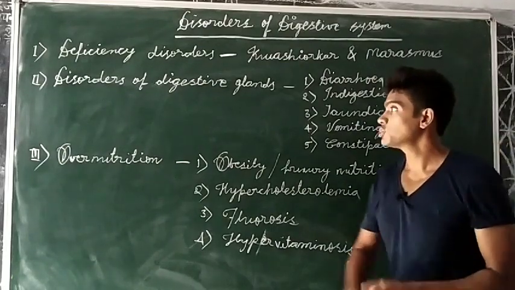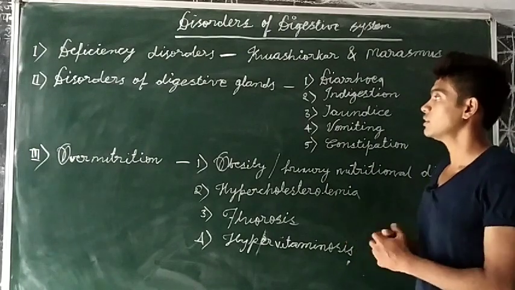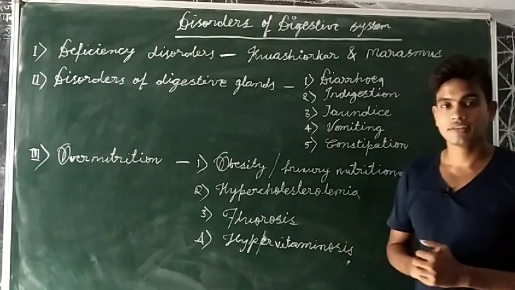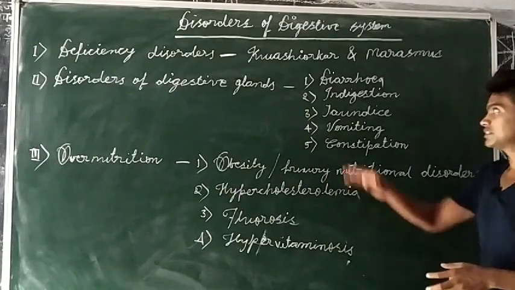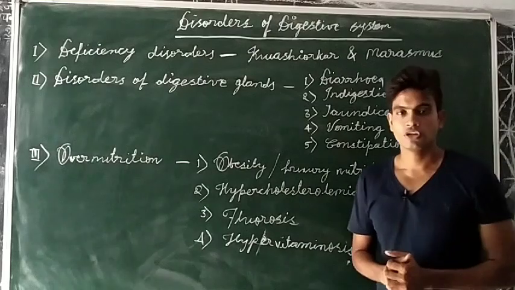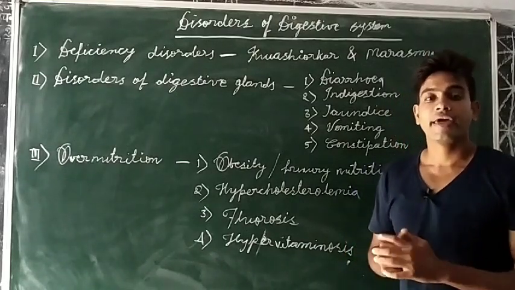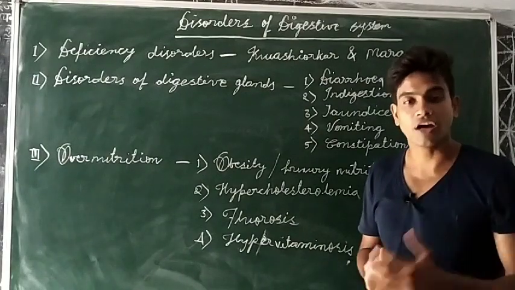Now let's talk about disorders of digestive glands. In this category, we will talk about the various glands where malfunctioning occurs. First is diarrhea. How do we define it? Diarrhea is excessive frequency and liquidity of fecal discharge.